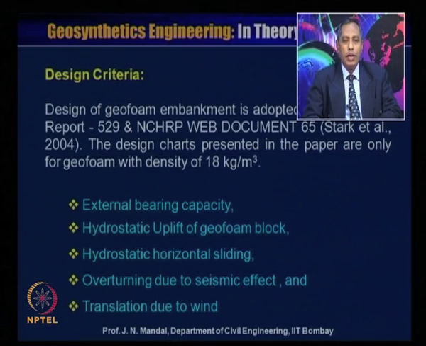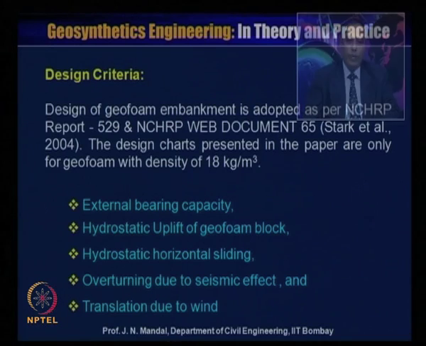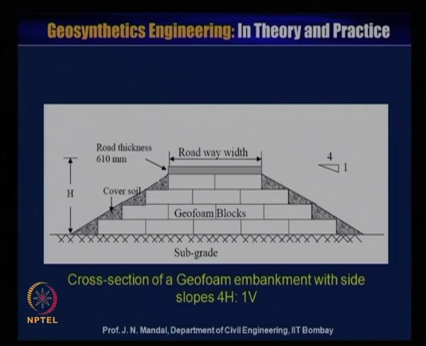That means you have to satisfy the external bearing capacity, hydrostatic uplift of the geofoam block because it is a superlight material, and horizontal sliding and overturning due to the seismic effect and translation due to the wind. So, you have to check all.